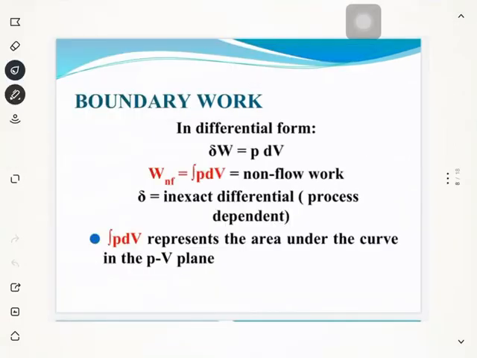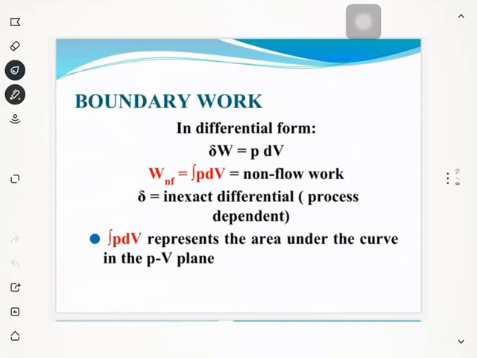In differential form, this is the inexact differential, δW is equivalent to P dV, wherein W is the integral of P dV, this is your non-flow work.